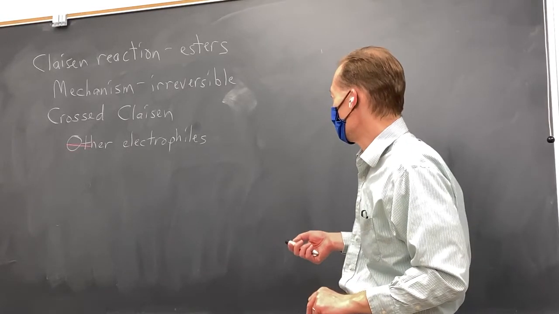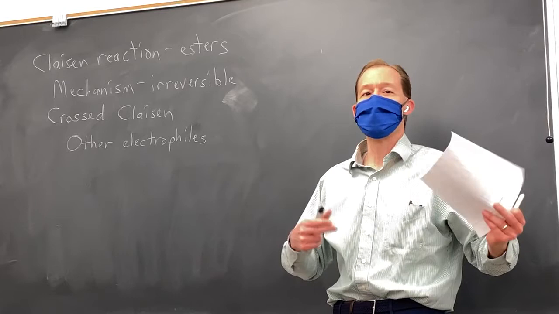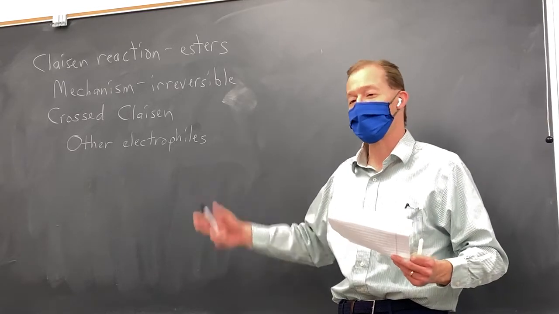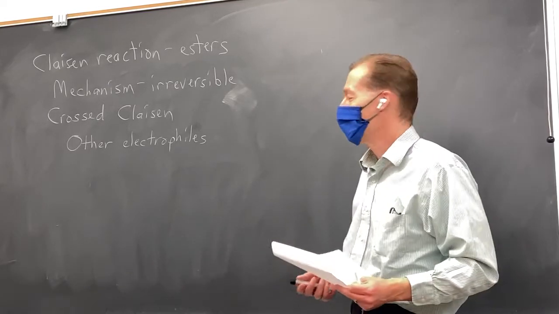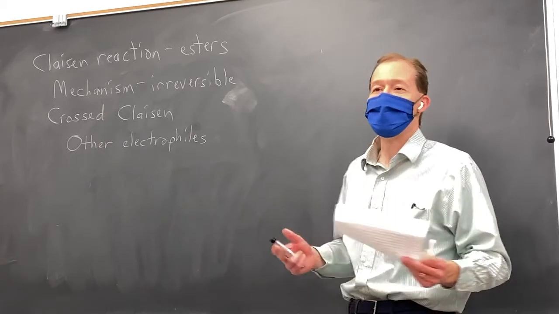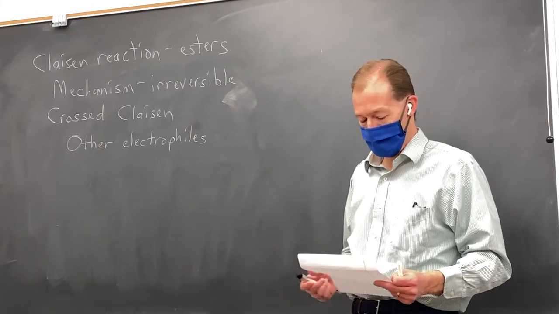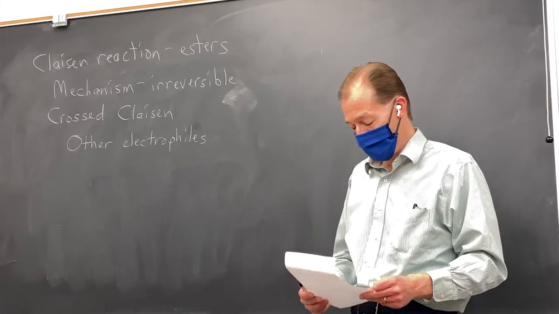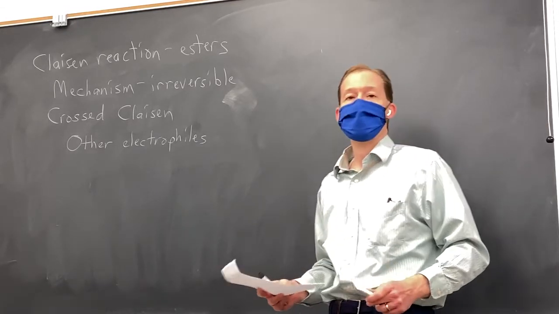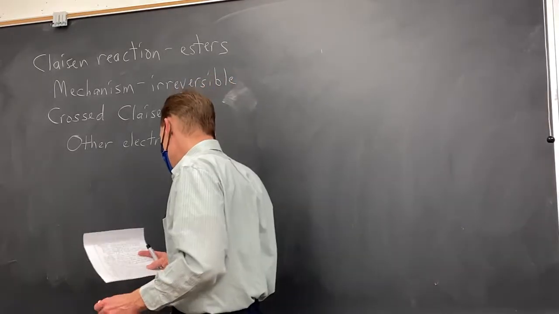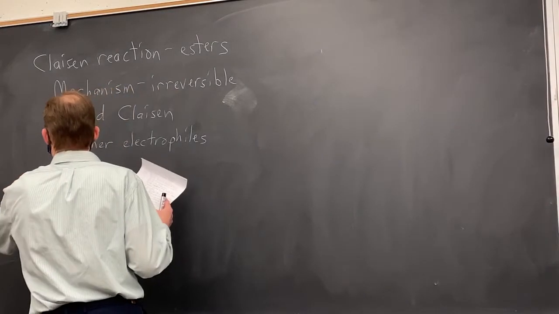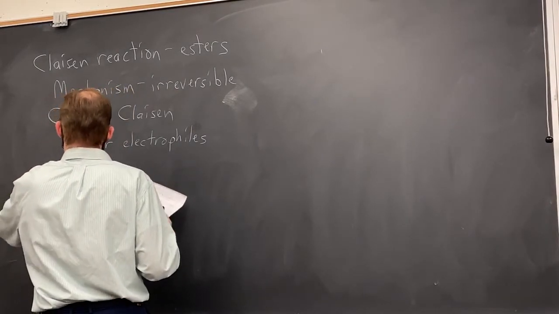And when we use these other electrophiles, we can actually generate 1,3-diesters. You can synthesize malonic ester using this method. So we have a couple different variants of the cross Claisen with some different electrophiles that you need to be aware of. And then our last version of the Claisen that we talked about was the Dieckmann reaction.